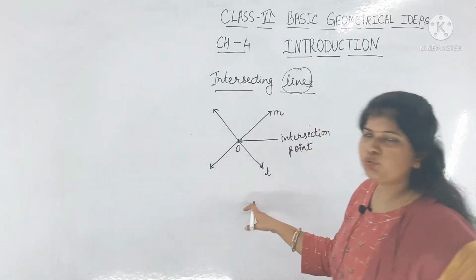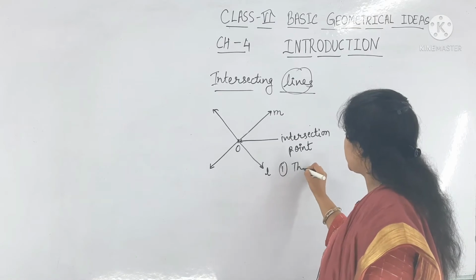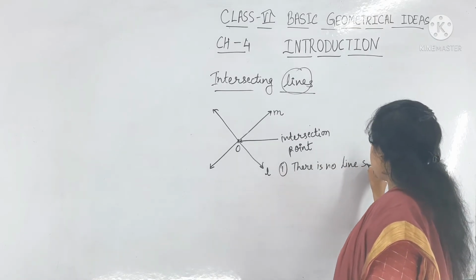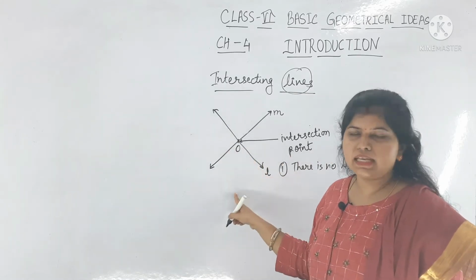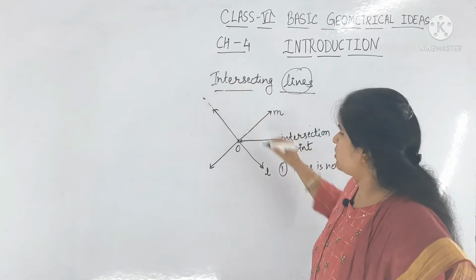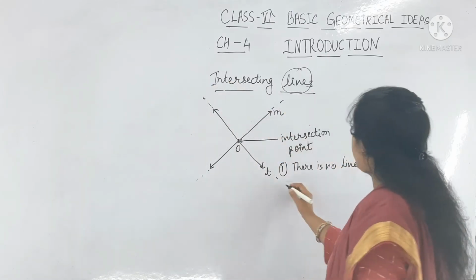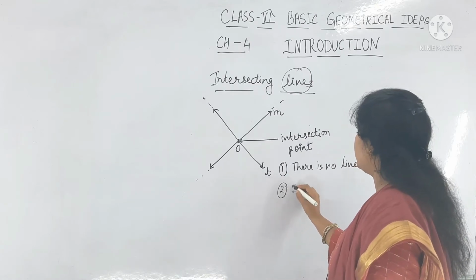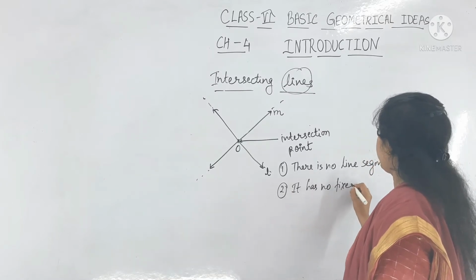You should remember the 3 points here. Number 1, there is no line segment. Here you have to use only lines that can be extended. Okay. Number 2 is, it has no fixed point.